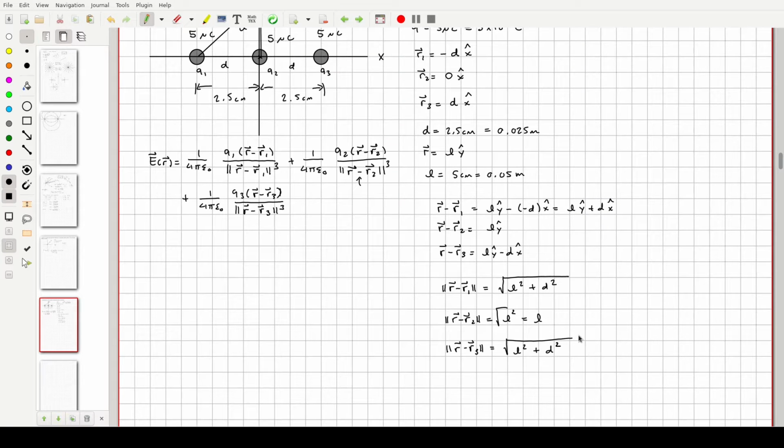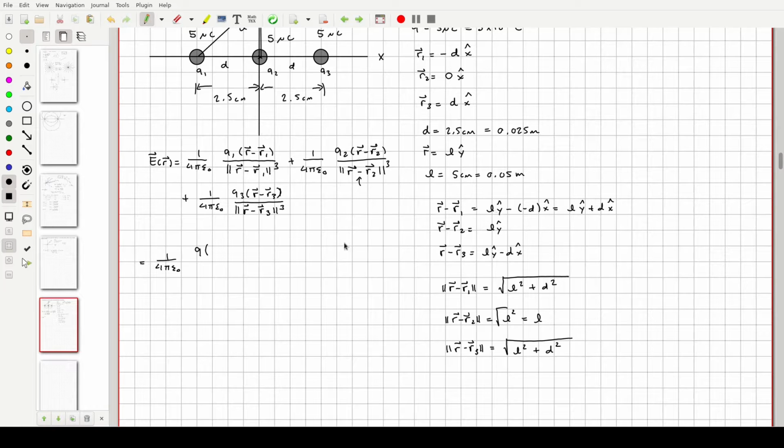So at the end of the day, we can plug this stuff in, noting the fact that when you cube this, what that does is to effectively raise this right here to the 3/2 power. So this is the same thing as saying 1 over 4 pi epsilon naught. Now I'm going to call Q1, Q2, and Q3 just Q for right now. Q times R minus R1.